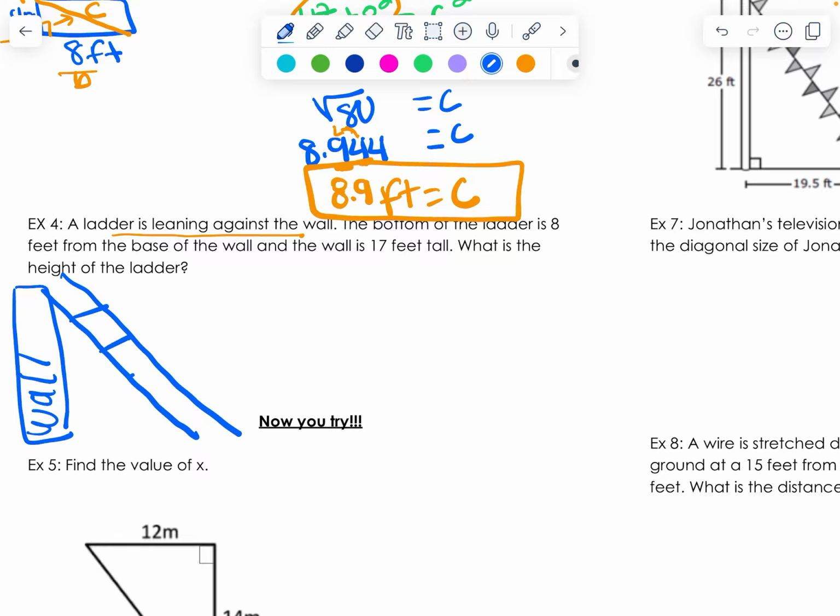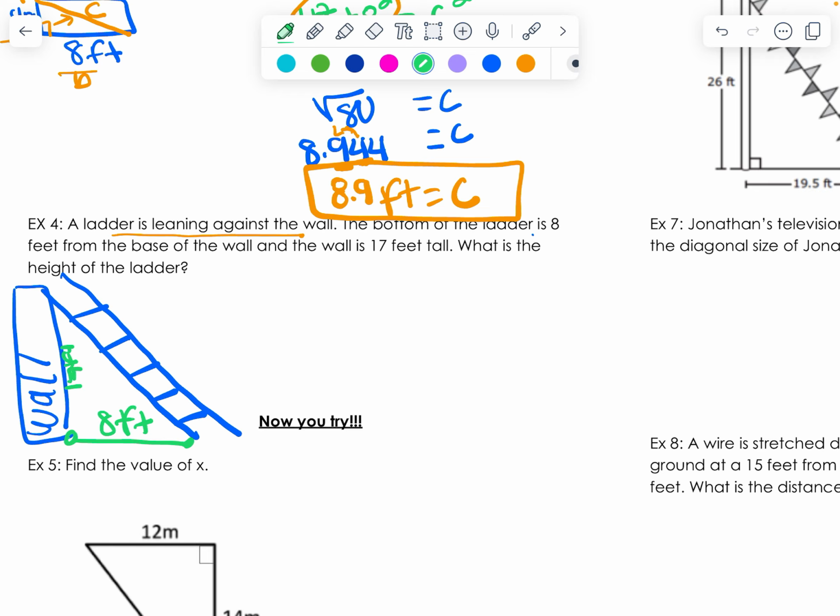So I'm going to go ahead and draw my little ladder. Okay, now they're saying, hey, the bottom of the ladder is 8 feet away from the base. So they're saying that from here to here is 8 feet. And then they're saying that the wall is 17 feet tall, I'm sorry. So I'm going to write 17 here.